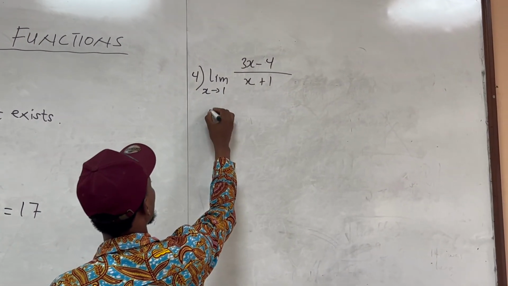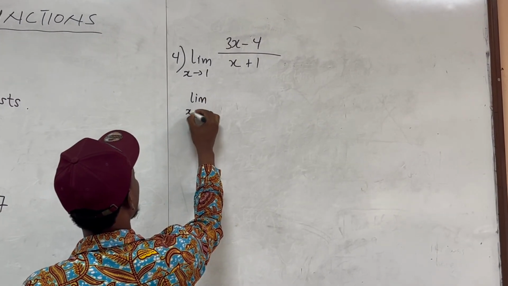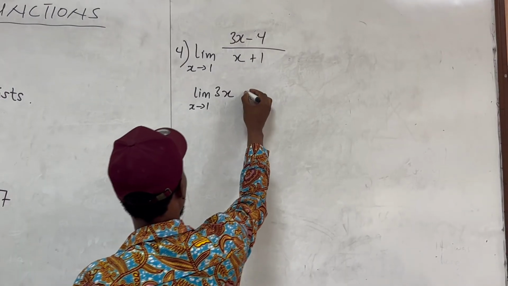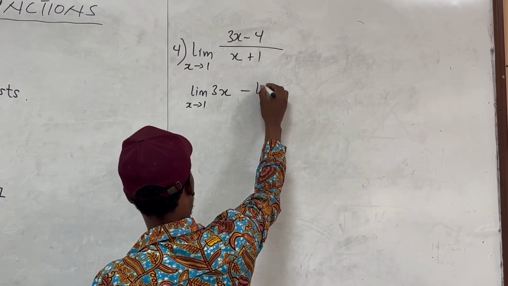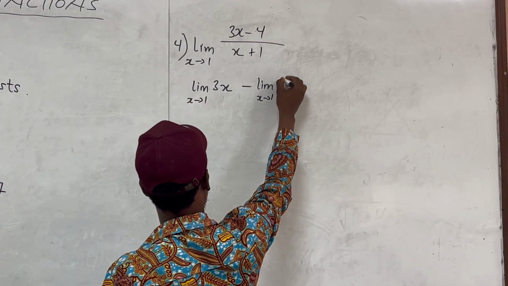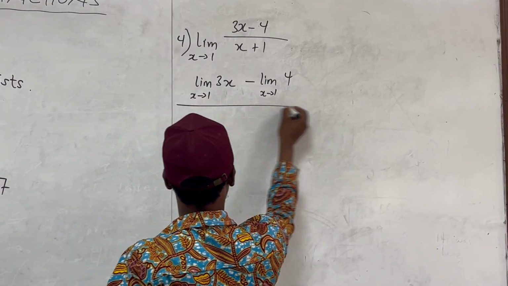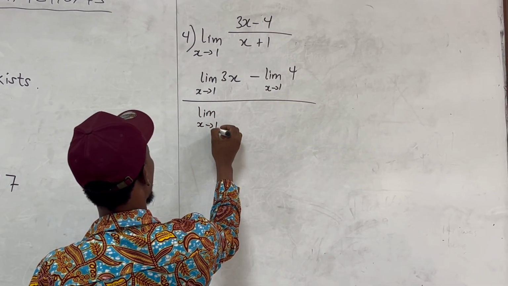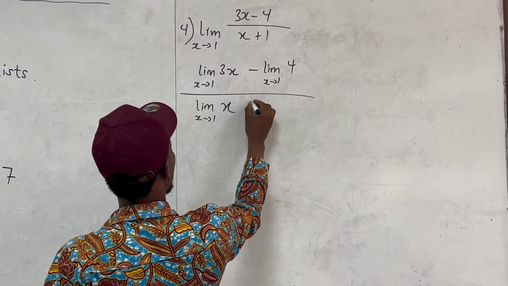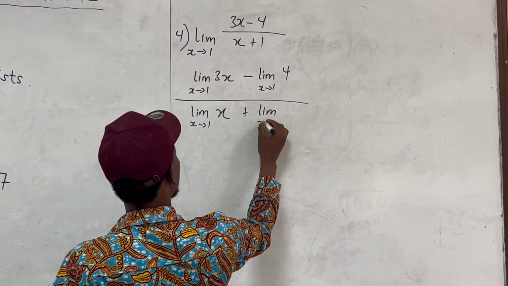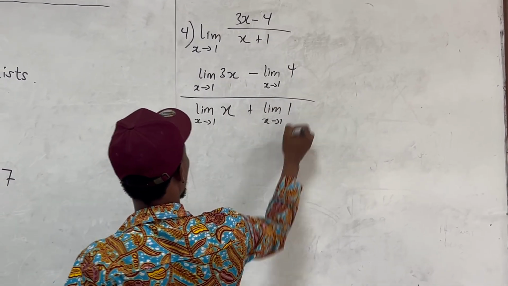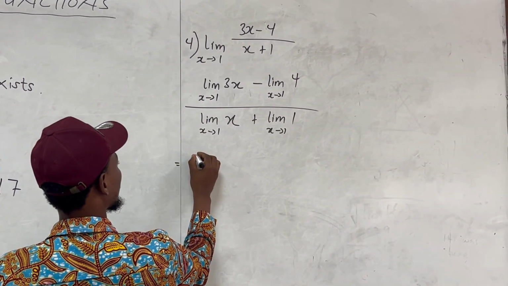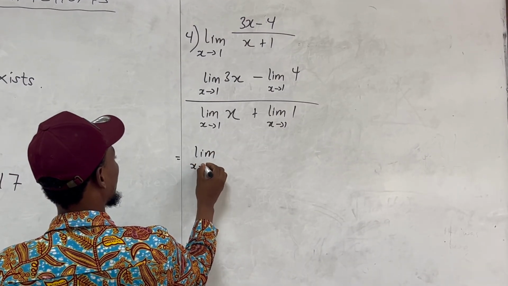This is the same as the limit as x approaches 1 of 3x, minus the limit as x approaches 1 of 4, all over the limit as x approaches 1 of x, plus the limit as x approaches 1 of 1. As simple as that.